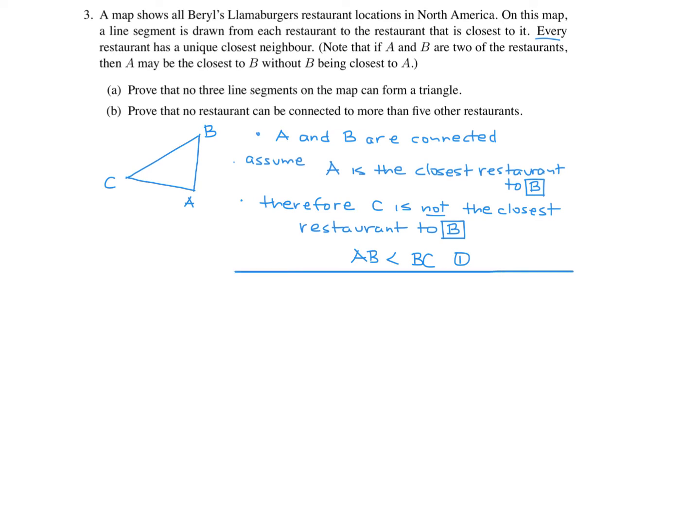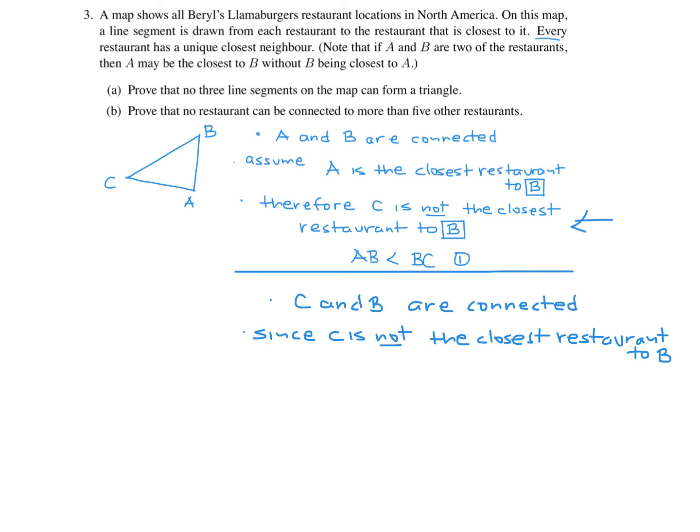Same way, let's talk about C and B now. So we have C and B are connected on that graph. Same thing. Since C is not the closest restaurant to B, as I wrote here, what that means is that B is the closest restaurant to C. Because every restaurant has a unique closest neighbor.